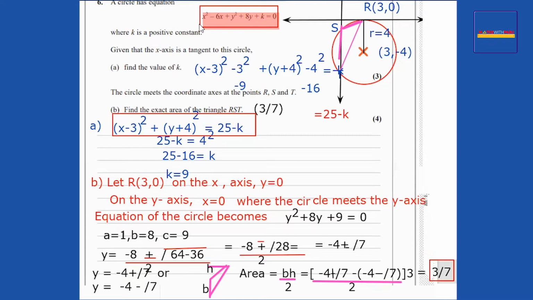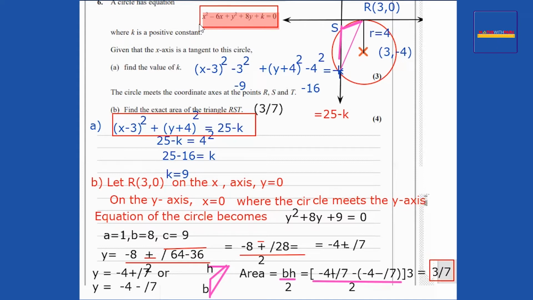Now let's look at the y-axis. On the y-axis, x is 0. So we're going to equate x to 0. If we equate x to 0, we simply get 0 minus 3, the whole thing squared, plus y plus 4, the whole thing squared, is equal to 16.